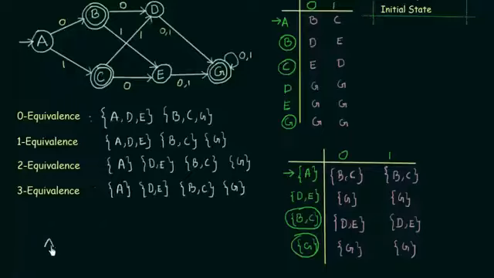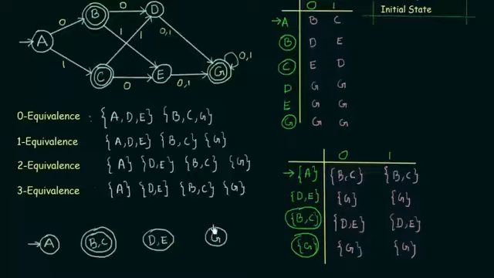Here we have A as my initial state, and then we have another state called BC. BC is the final state, so I put two circles around it. Another state that I have is DE, and another state is G, which is also a final state, so I put two circles around G. A, on getting input 0 and 1, goes to BC.